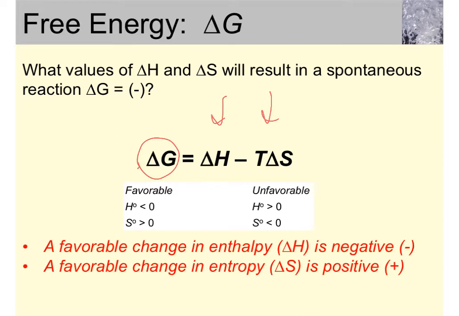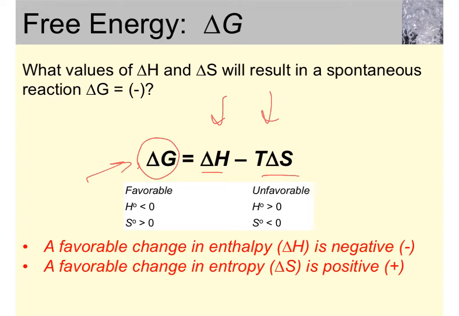Sometimes you will just be told enthalpy is increasing, entropy is decreasing, what happens to delta G? And you're like, well, give me numbers and I'll calculate. But you won't always be given numbers. So you need to have a really good grasp on predicting whether delta G will be negative or positive, and at what temperature it may switch from being negative to positive.